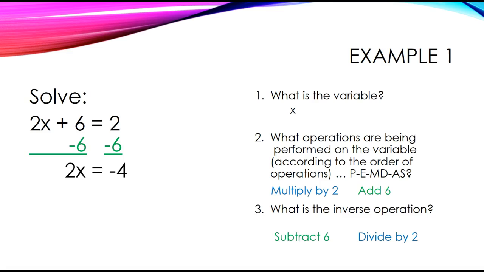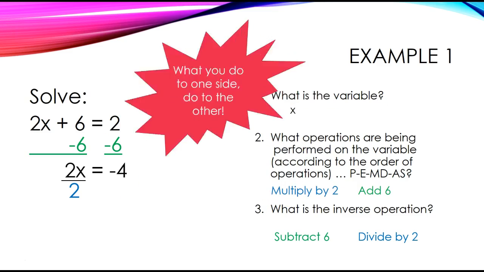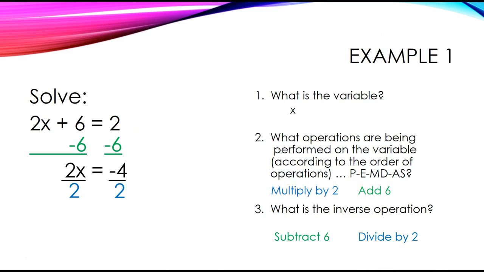So we have successfully subtracted 6. Our next job is to divide by 2. So we divide by 2 on both sides of the equal sign. And again, when we simplify, we get x equals -2. And x equals -2 is our answer.